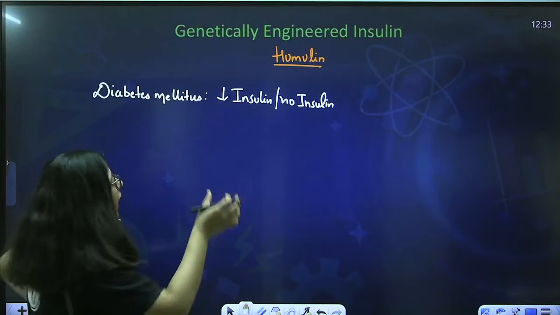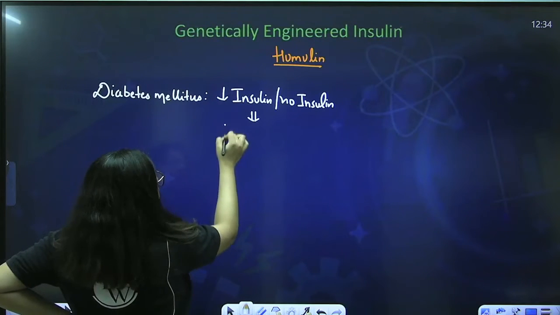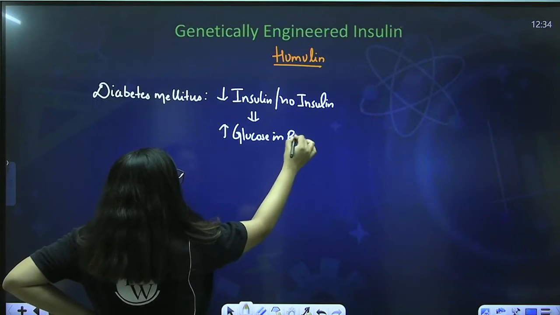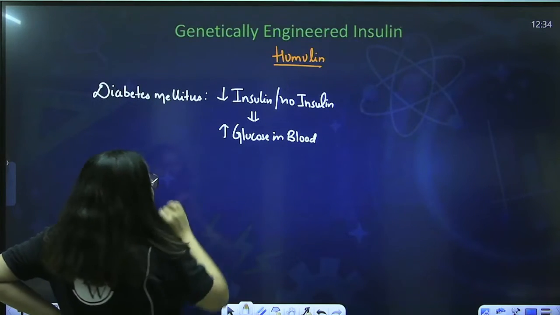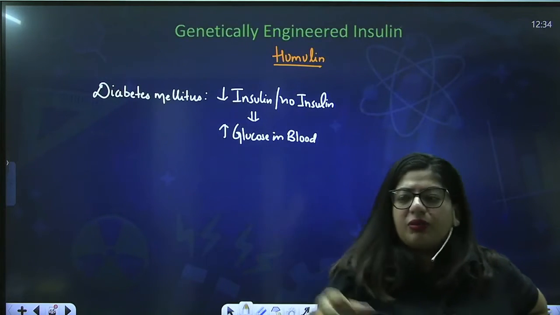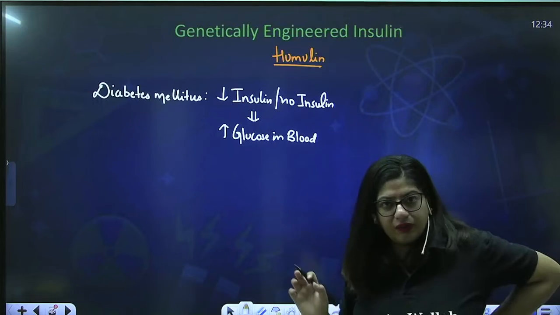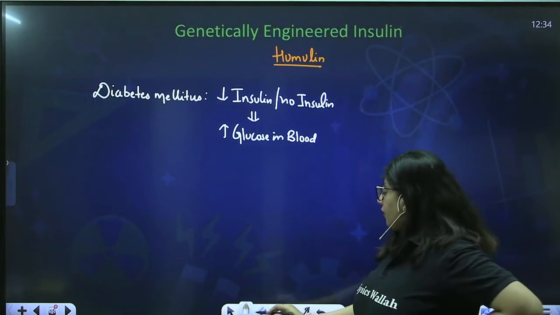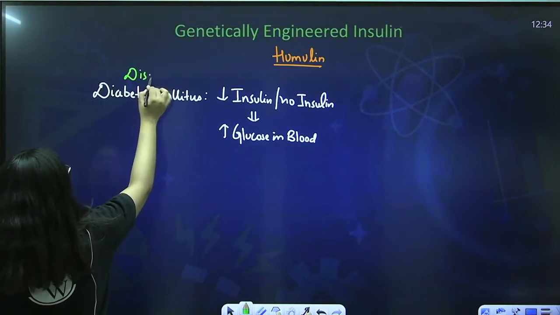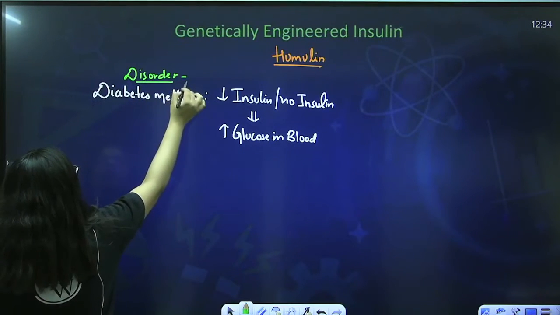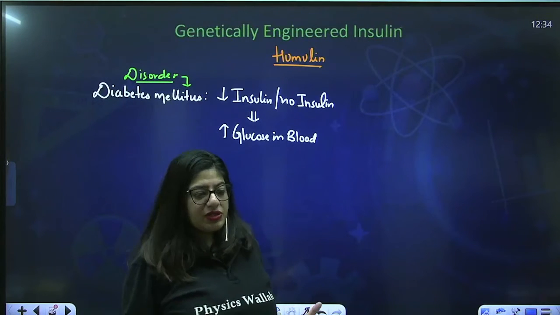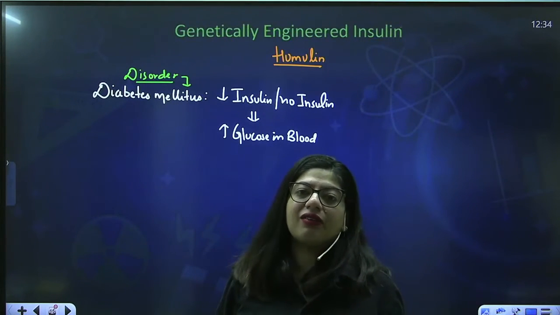If you do not have insulin in your body, then the person will have high glucose in blood, and that is a disease known as diabetes mellitus. In a general way, people also use the term sugar, that a person is suffering from sugar. So diabetes mellitus is a disorder in which the person is not producing insulin at all or in a very low quantity. As a result, the glucose metabolism is not maintained and the blood has a high level of glucose.